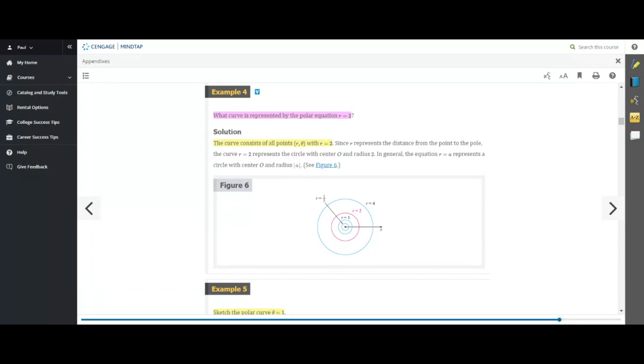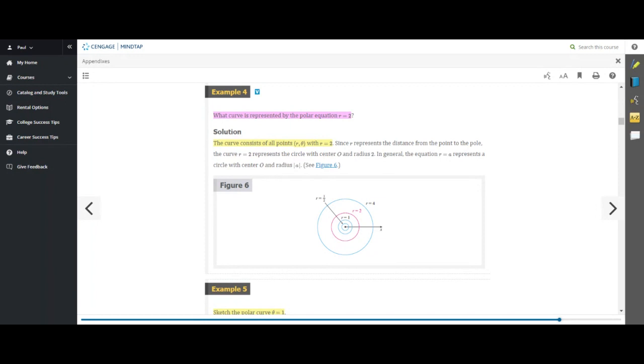Now you're not dealing with y as a function of x. You're dealing with the radius as a function of theta, r equals a function of theta. If r equals 2, theta can be anything, but the radius is always 2. That generates a circle, as you see in figure 6, the pink circle. And a radius of 1 would generate that blue circle.